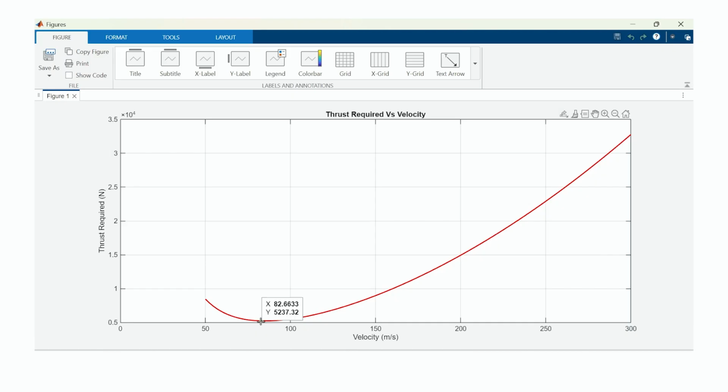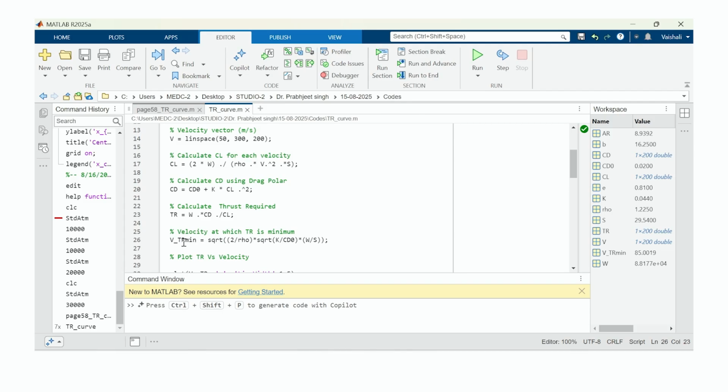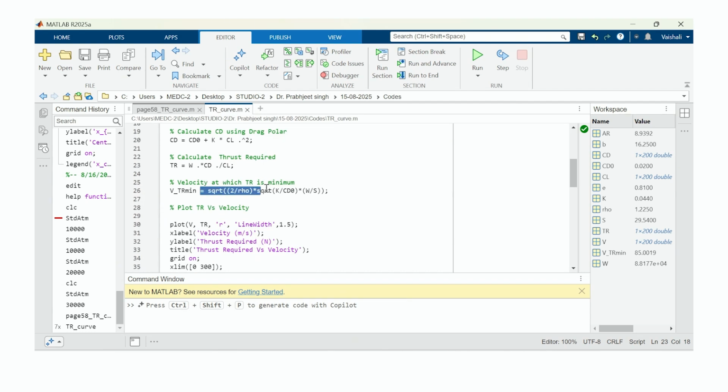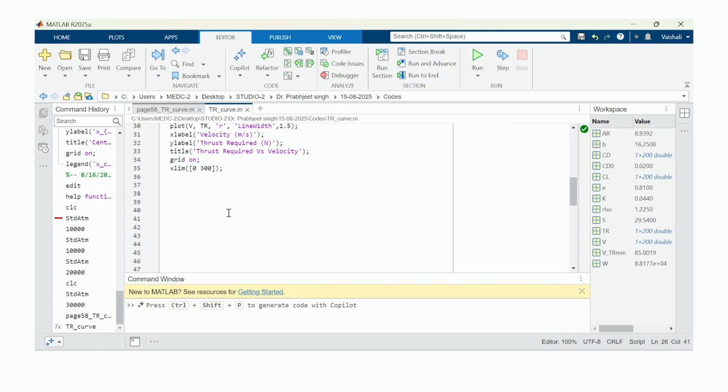So at 82 it is 5237, 5230, so 5229. Okay, so at this velocity we have thrust required is minimum. So we can also find it using this manual calculation, or you can see it from the plots as well. All right, now let us proceed further.